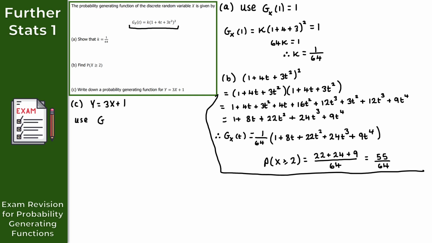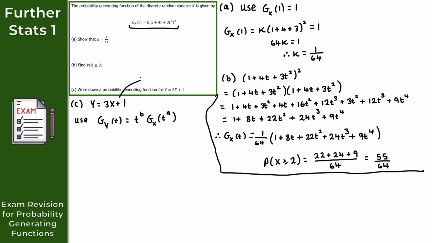g of y, the PGF for y in terms of t, and that is equal to t to the power of b times the PGF for x, g of x in terms of t to the power of a. So the only question left here is what is a and what is b? Well, this is for y equals ax plus b.